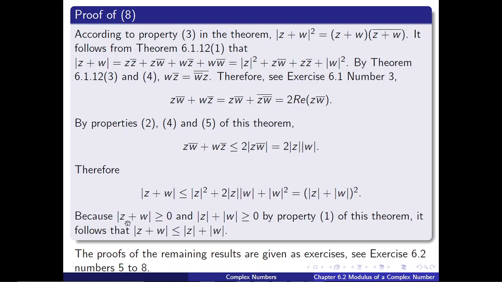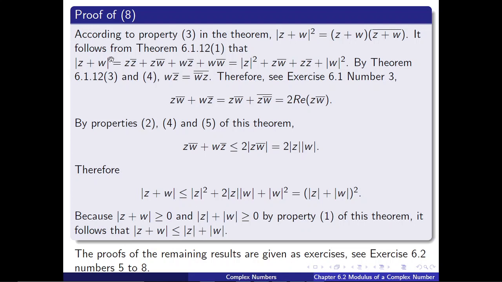Now because we know that the modulus of z plus w is always greater or equal to 0, and also the sum of the moduli of these two complex numbers is greater or equal to 0, and this is coming from property 1 of this theorem, it follows that if we take the square roots, we are going to get that the modulus of z plus w is less than or equal to the modulus of z plus the modulus of w.